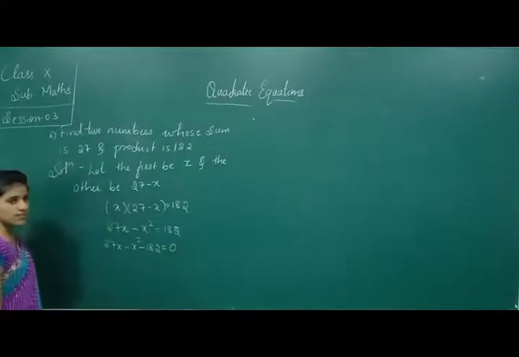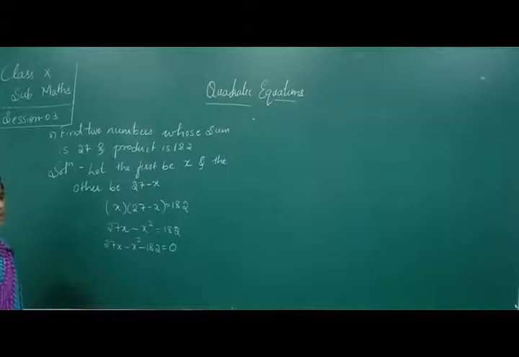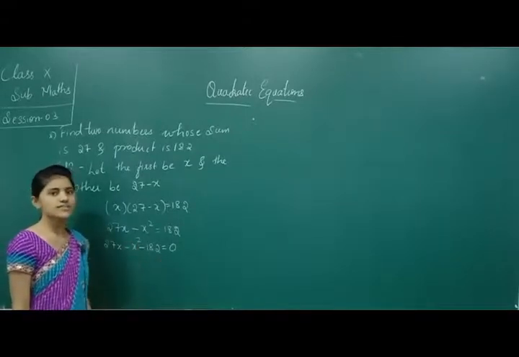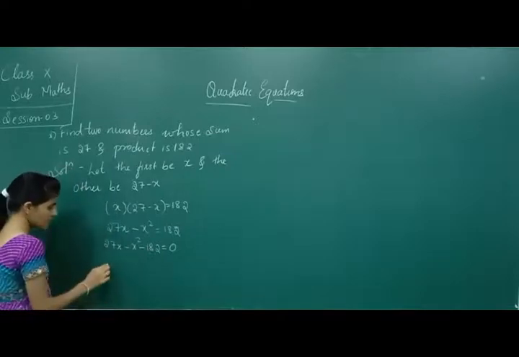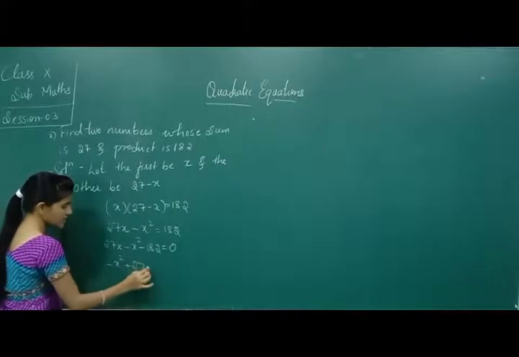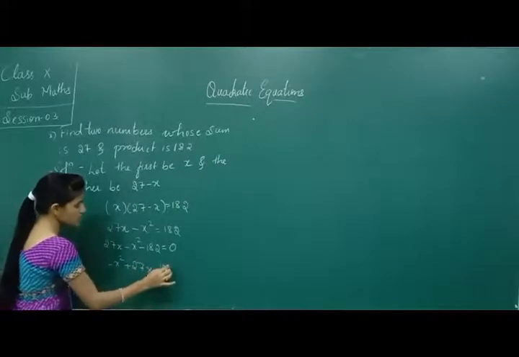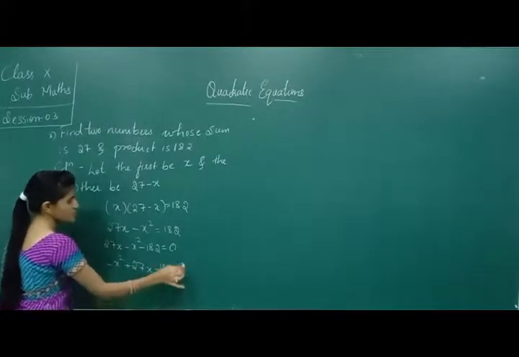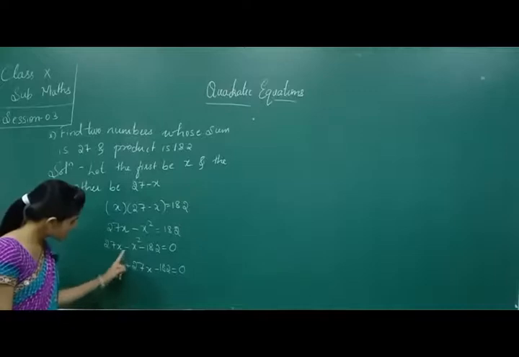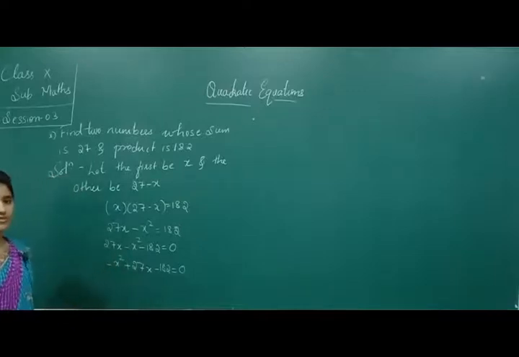So, let us arrange this in decreasing order of degree. That is minus x square plus 27x minus 182 equals 0. Now, for our ease, we consider the term x square as positive.